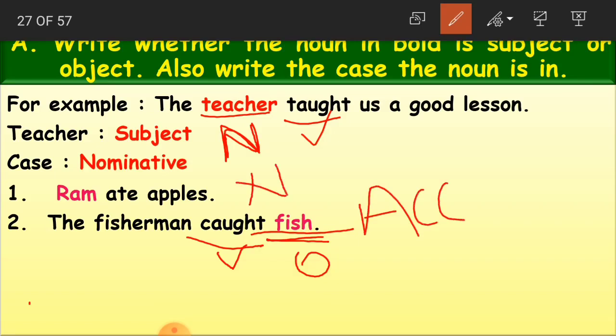This is nominative, this is accusative case. Clear, children? Understood? We are asked to name the case of the word in bold. Fisherman is the subject, but because we have highlighted this word, we talk only about this word. Here fish becomes our object and it is in the accusative case.